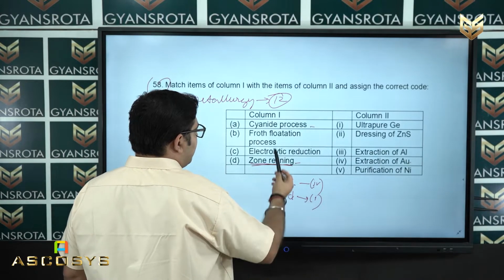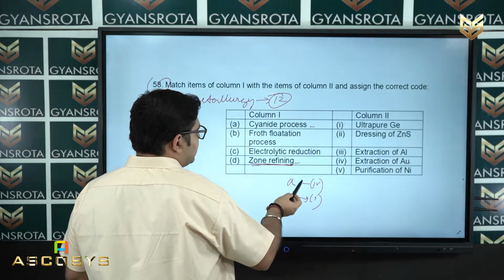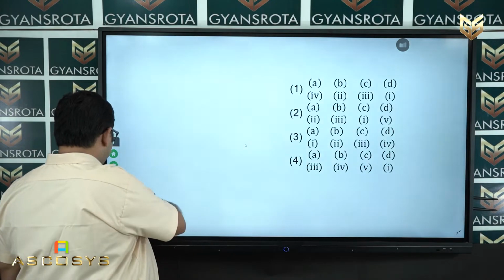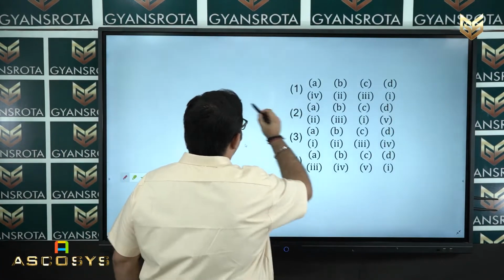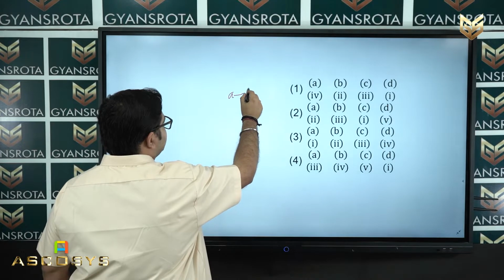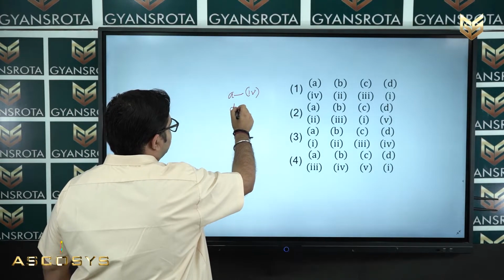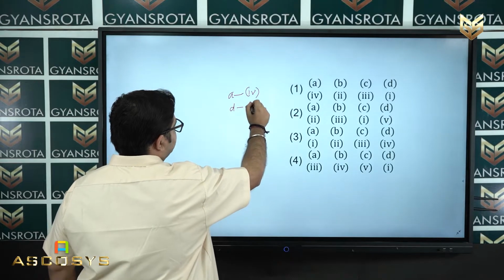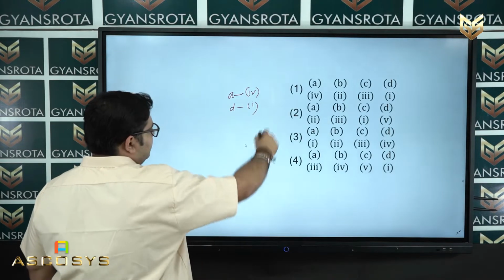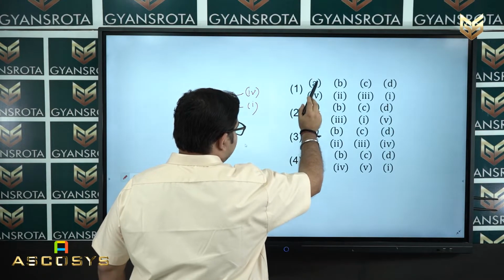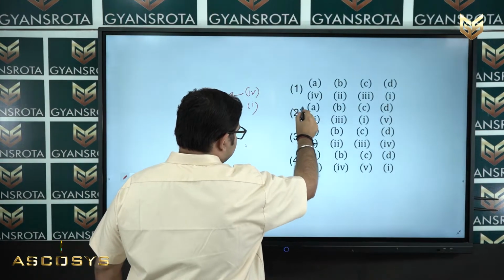So, now see what options are given. In the options, we already know that A is matched with 4 and D, that is our zone refining process, is matched with 1. So, if you match with the options, A matched with 4, okay, so this may be the answer. A is 2, no, this is not possible.